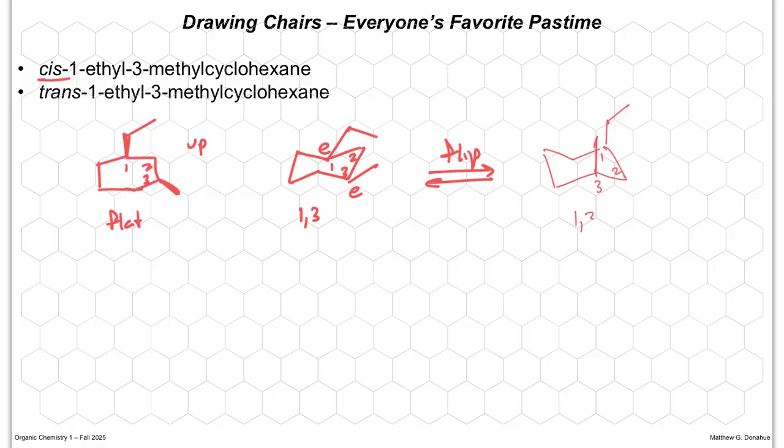So this is 1, 3, axial, axial. Notice in both drawings, those substituents are still pointed up. The preferred conformation would be the one that's di-equatorial.